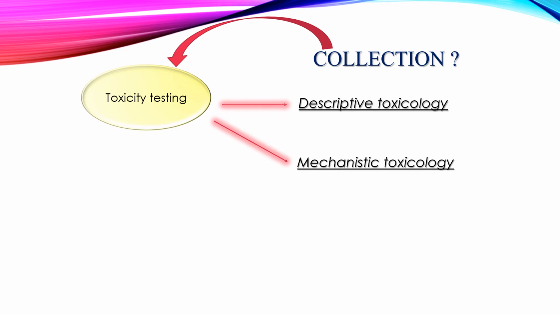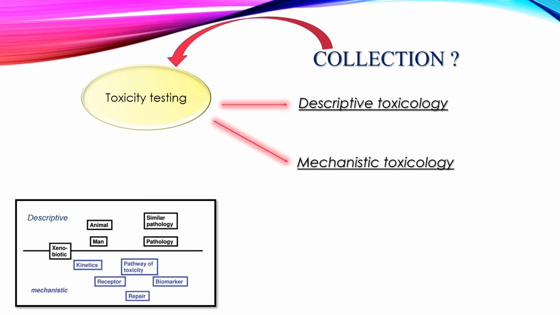Next is mechanistic toxicology, which identifies and understands the cellular, biochemical and molecular mechanisms based on exposure to a toxicant. In mechanistic toxicology, we mainly see what cellular and biochemical changes occur inside the cell due to absorption of the toxic agent into the cell.